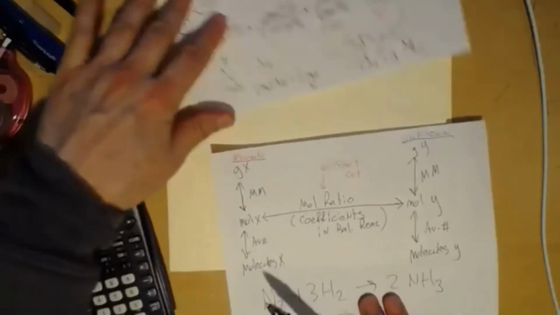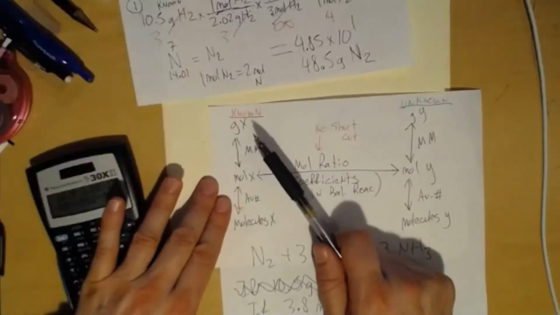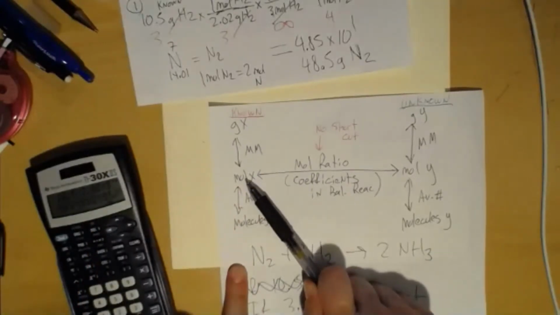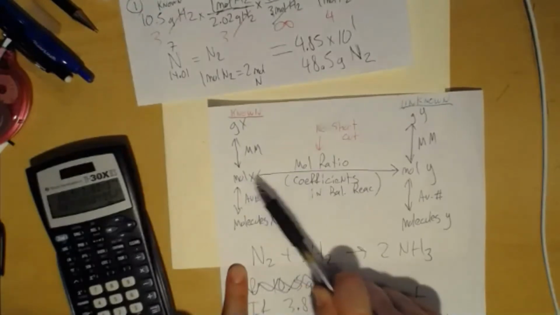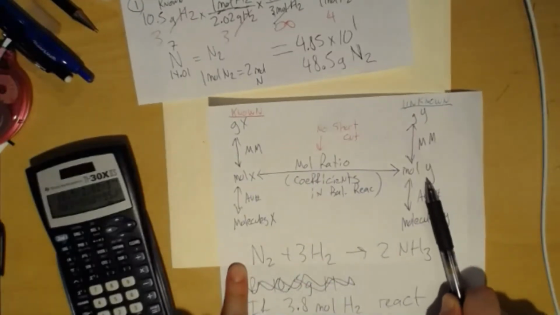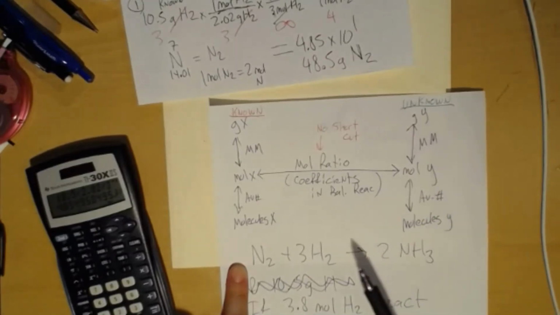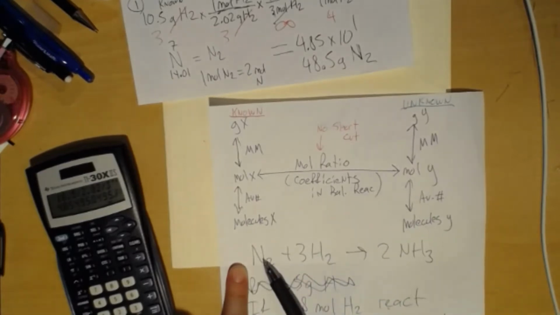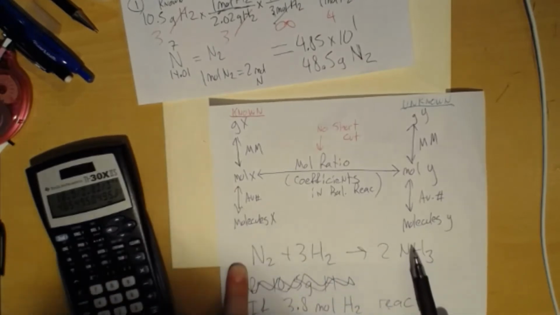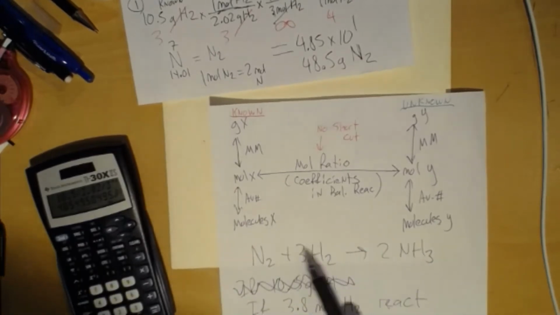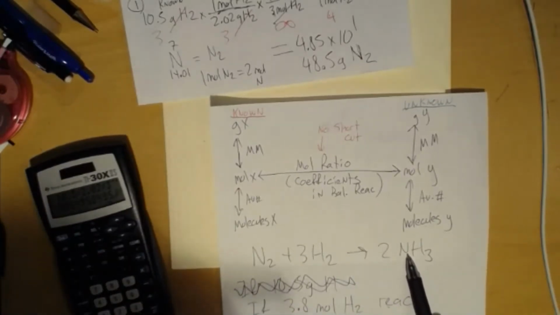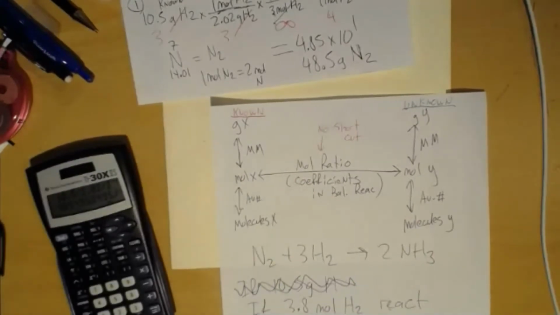Okay, so you see my subway here? We went from grams of hydrogen to moles of hydrogen to moles of nitrogen, and moles of nitrogen to grams of nitrogen. So you don't always have to go from reactant to product. I could go from reactant to other reactant, or technically from product. I could say if I made 40 grams of this, how many grams of that reacted?